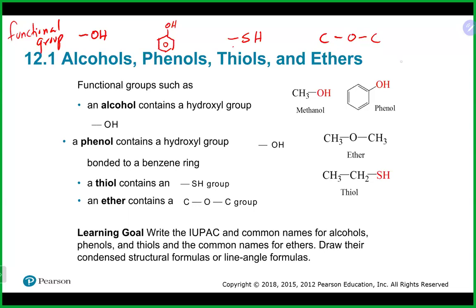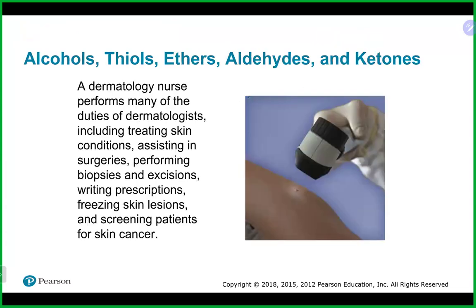By the way, the other couple of groups on there are aldehydes and ketones. Aldehydes have this functional group: a carbon-oxygen double bond with a hydrogen, so that is the functional group for an aldehyde. And a ketone has a three-carbon run, and in the middle carbon of those three, you will find an oxygen double bonded to it, and that is how you can recognize a ketone.